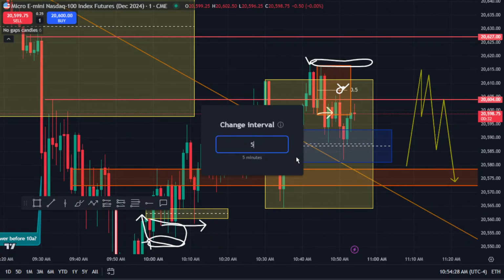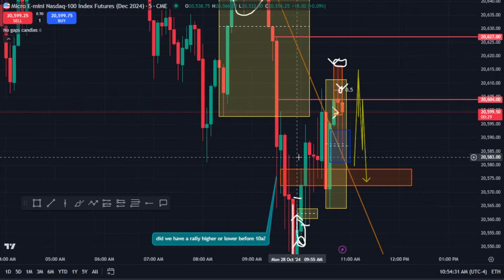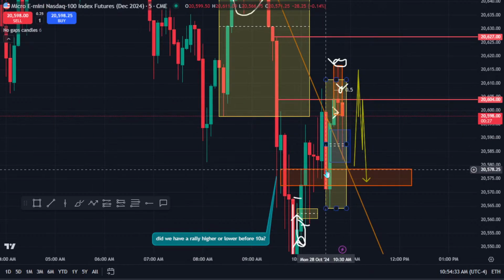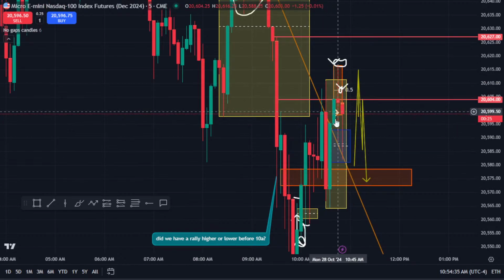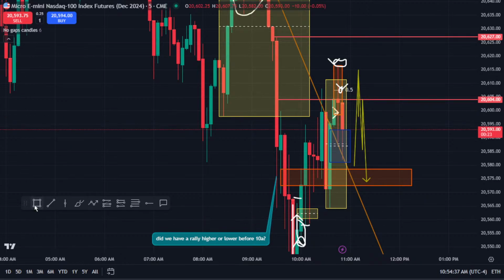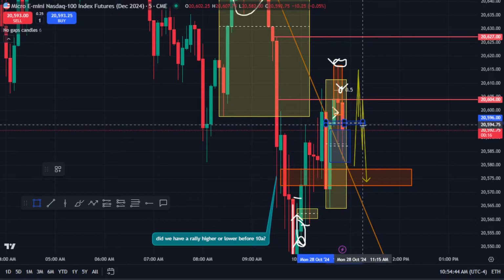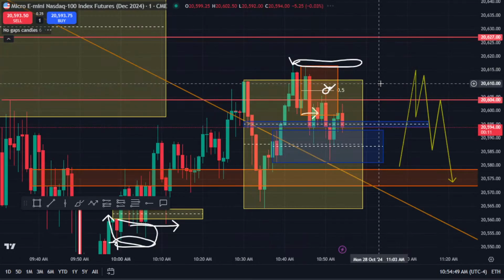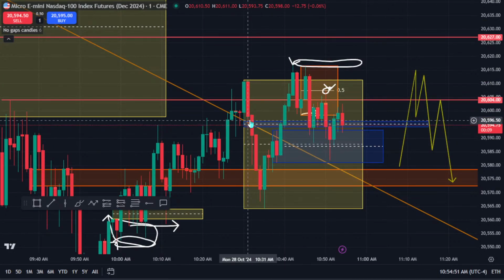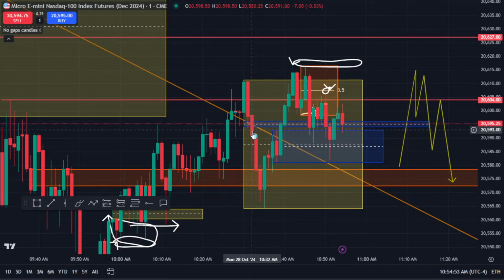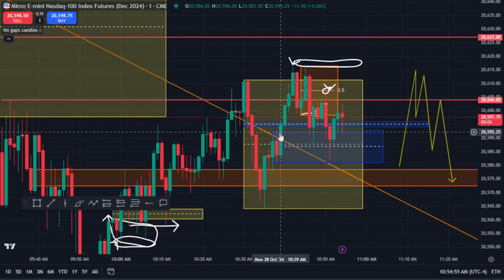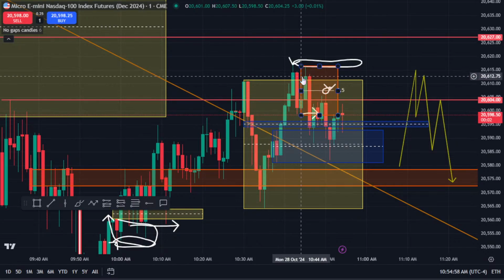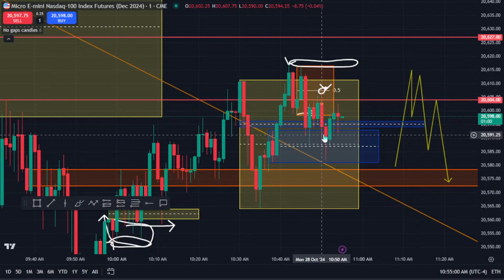I wonder if this would be a 5 minute. So when we close, quick. All right, so what happened here is what I want to know. I left a gap here, and we gapped up also, so this could be inverted.